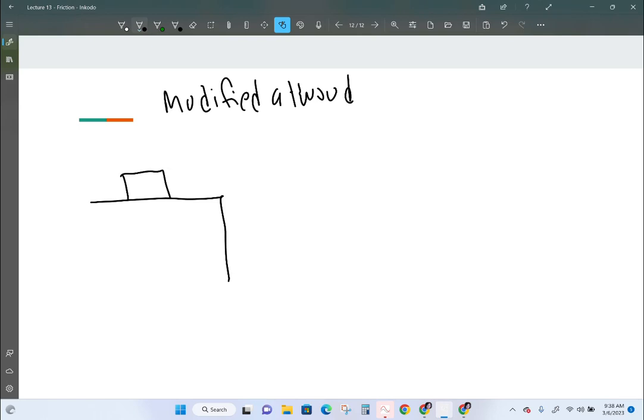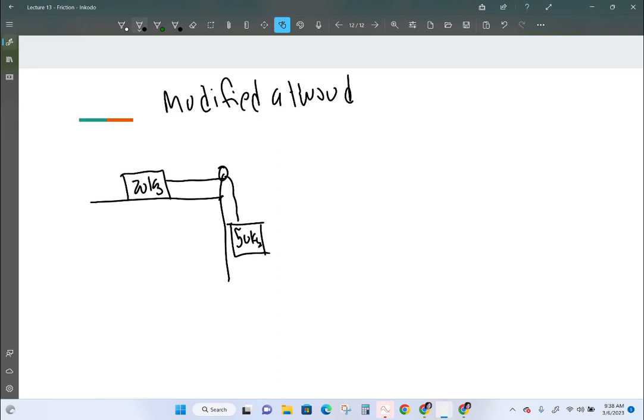All right. Let's talk about a modified Atwood machine. So let's say that we have 20 kilograms here and 50 kilograms here.